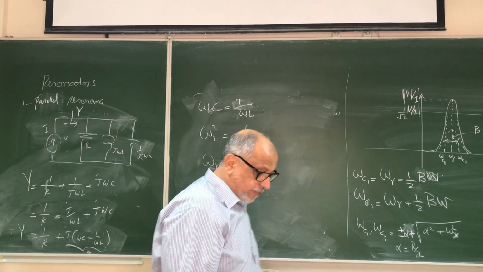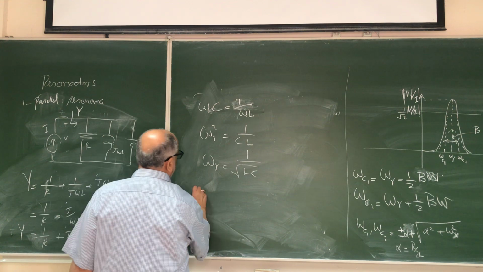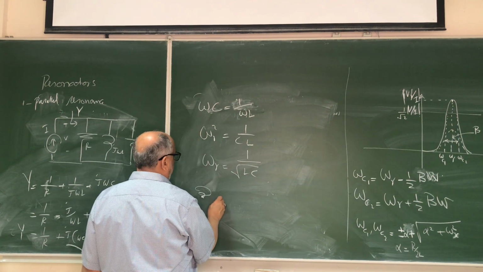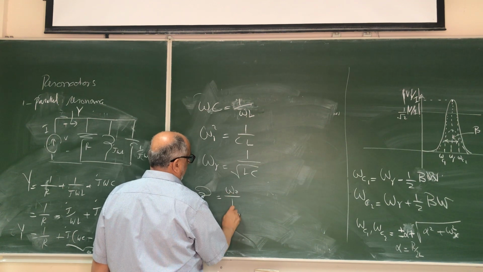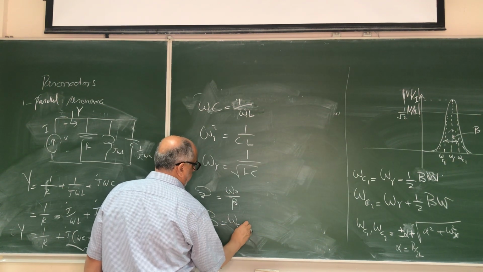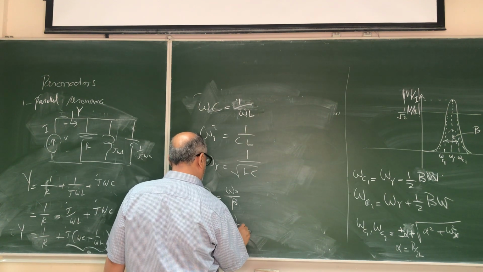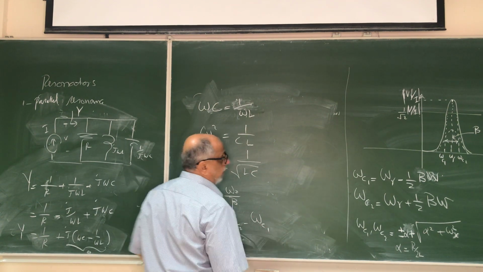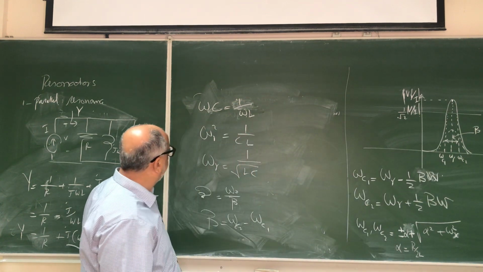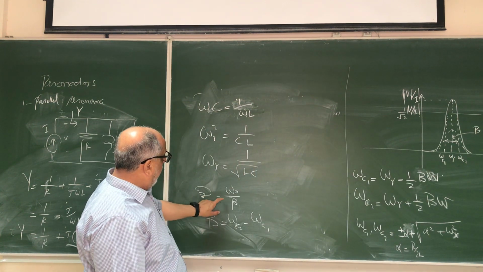And similarly, we can find Q, right, equal to omega naught over beta, and beta equals omega C2 minus omega C1. Again, omega C2 and omega C1 are the half power frequencies.